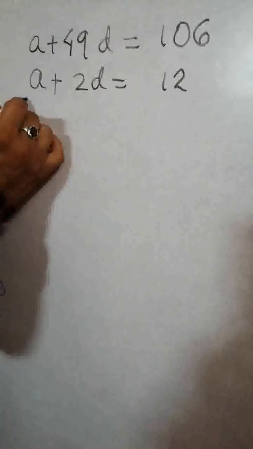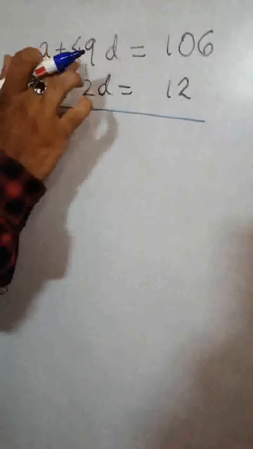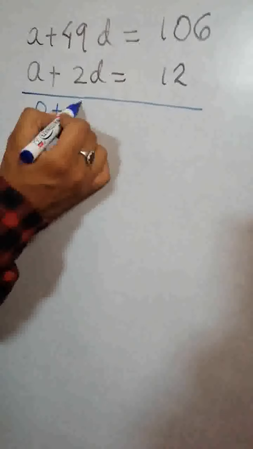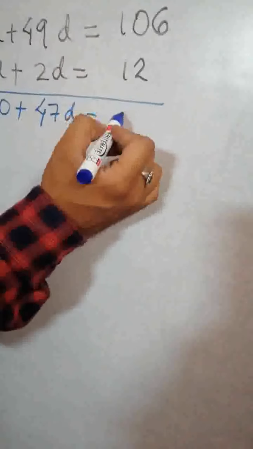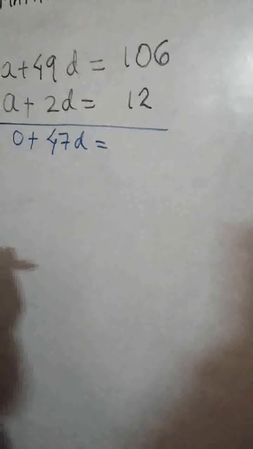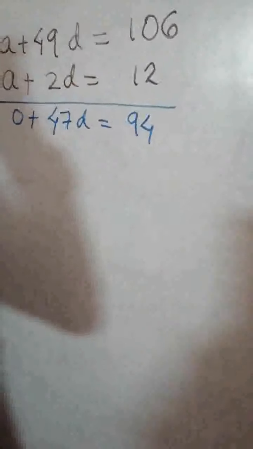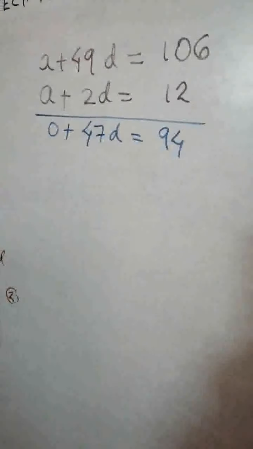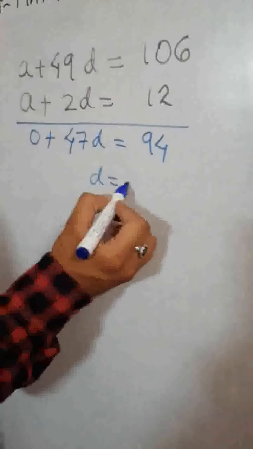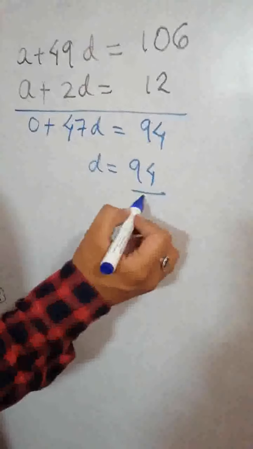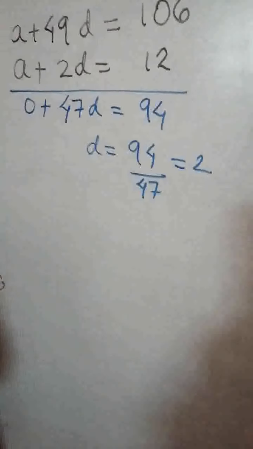On subtraction, a minus a is 0, 49 minus 2 is 47d, and 106 minus 12 is 94. So 47d equal to 94, and d equal to 94 divided by 47, which is 2. We got the value of d as 2.